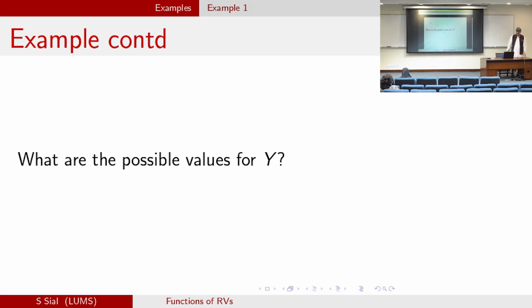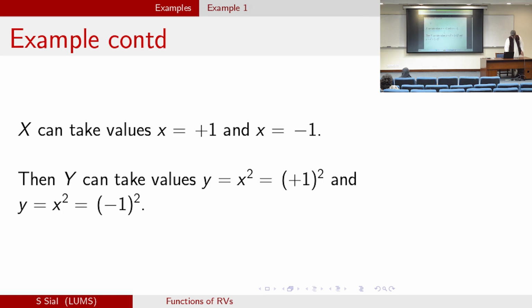Let me ask you. y is equal to x squared. What are the possible values for x? +1 and -1. So what are the possible values for y? Right? The only allowed value for y is 1. Okay?